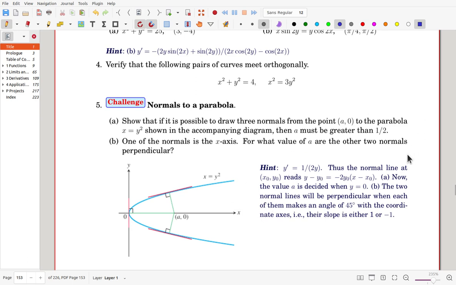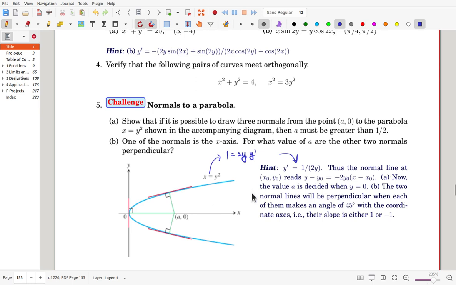Then a must be greater than half. So from implicit differentiation, you can get 1 equals 2y times y prime, so that you can reach that one.